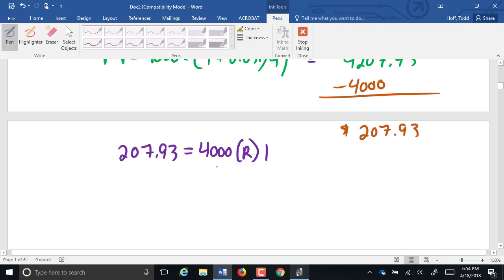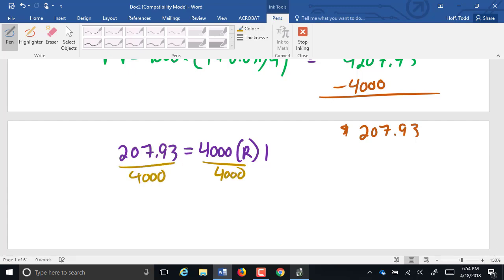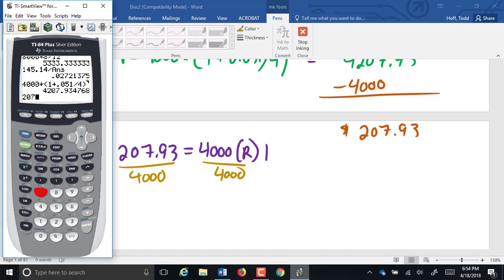Now I'm not going to go through the act of combining 4,000 with 1. You know that's 4,000. So we're just going to divide by the 4,000. So 207.93 divided by 4,000.